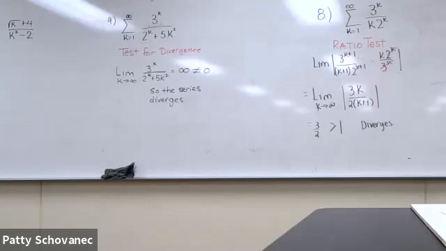Does your comparison series converge or diverge? And how does it behave with either a direct comparison or a limit comparison? Try something else. So that's what you try.